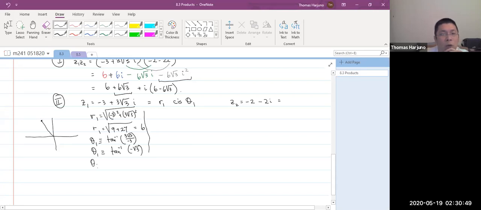So theta 1, if I use a calculator or if you memorize, is negative pi over 6. But theta 1 is in quadrant 2, so this will be plus pi, that's 5 pi over 6.